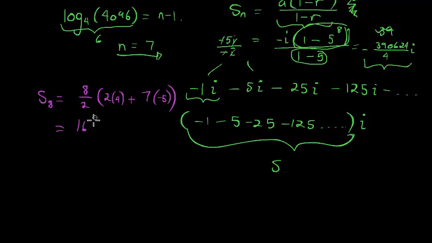So this is 16. 4 times 8 minus 7 times 5 is 35. So this is 4 times -27.